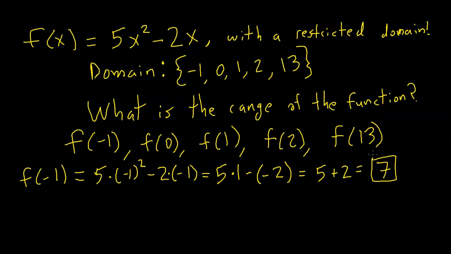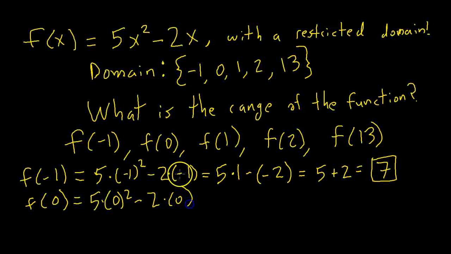Let's keep going. Let's evaluate for our second member of the domain. Let's evaluate f of 0 to find the next output, and therefore the next member of the range of this function. That's going to be 5 times 0 squared minus 2 times 0, because remember, we have our formula.